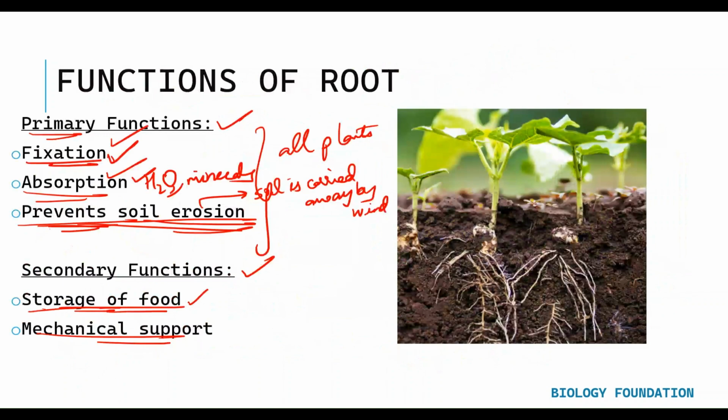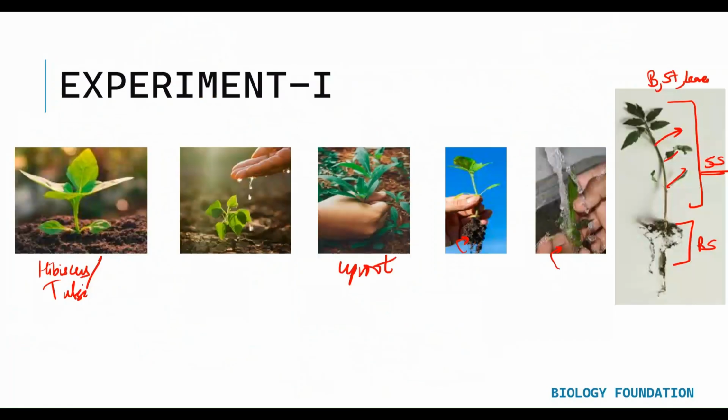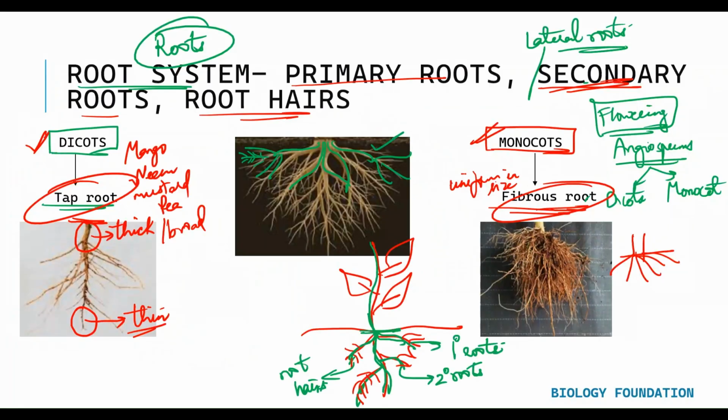Basically, plants are diverse, they are unique, there are different types of plants, but all plants have some basic parts and they perform some functions which are similar. Now, any plant has a root system and a shoot system. Using an experiment, you can easily observe the root and the shoot system. Root system mainly consists of roots, which includes root hair, primary root, and secondary root.